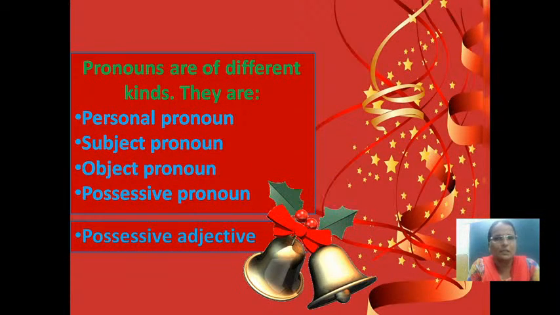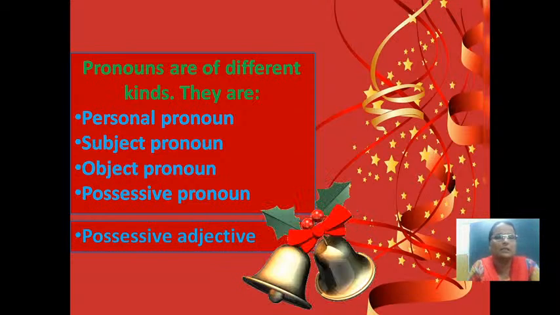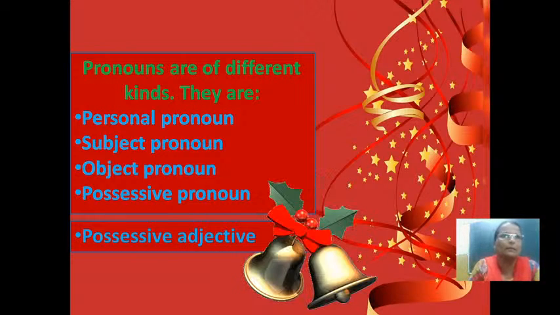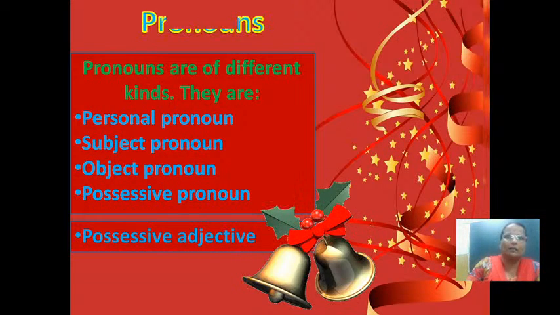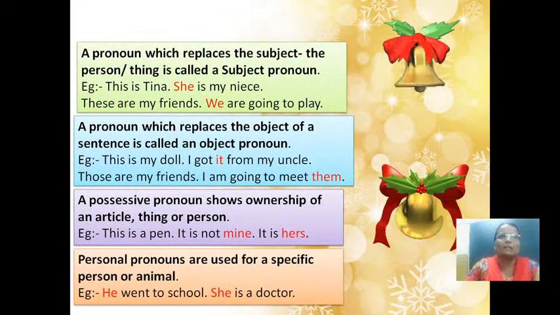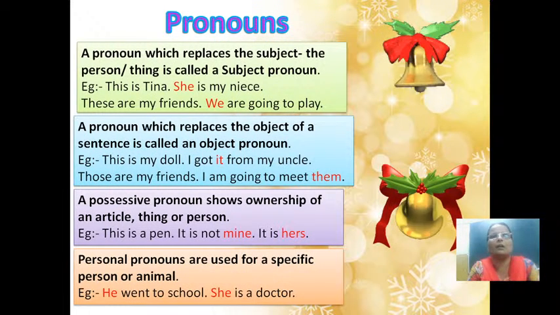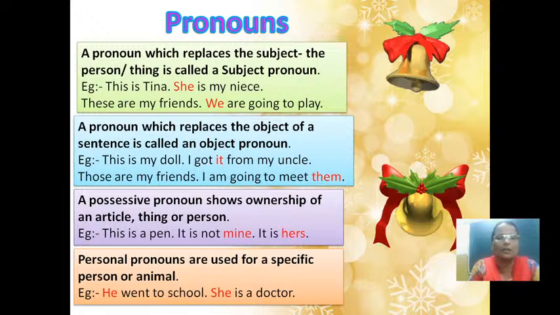Now we discussed what we are learning in this lesson. We are going to learn about personal pronoun, subject pronoun, object pronoun, possessive pronoun and possessive adjective. We saw the definition of subject pronoun, which replaces the subject of a sentence, which may be a person, an object or an animal.